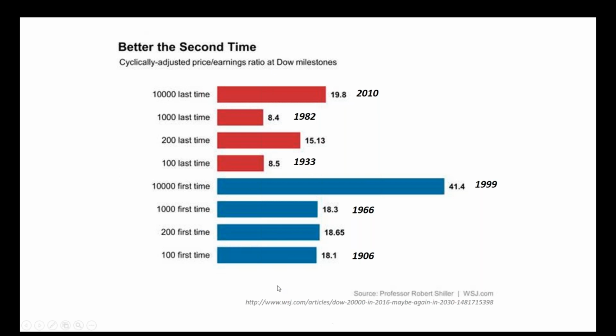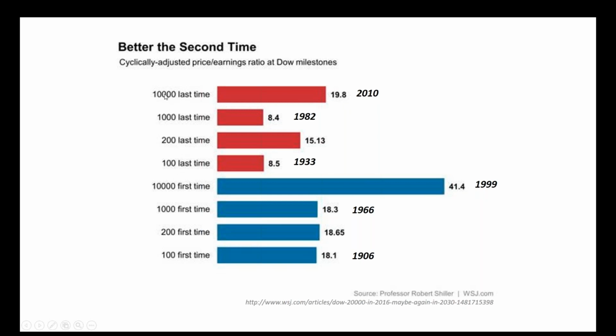So it hit 100 in 1906, and then it went down and meandered around until finally in 1933 it hit 100, and it never looked back. Do you guys get what I'm saying here? It first hit 10,000 in 1999, and then it went down, and it didn't leave 10,000, hopefully for the last time, until 2010. So when the market hits those big round numbers, guess what happens?